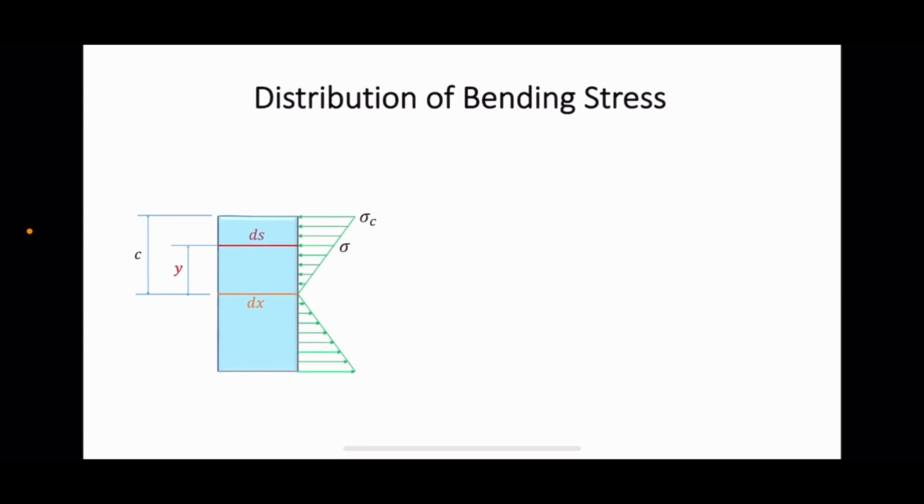This stress distribution tells us if we can find the bending stress at the top edge of the beam, we will be able to find the bending stress at any location on the cross-section. To find that stress, we should remember that all the bending stress on this diagram is an equivalent of the internal bending moment at the cross-section. That said, the following is the development of the Flexure formula.